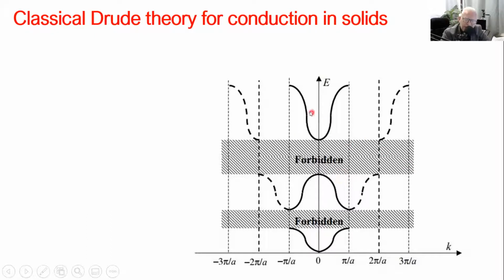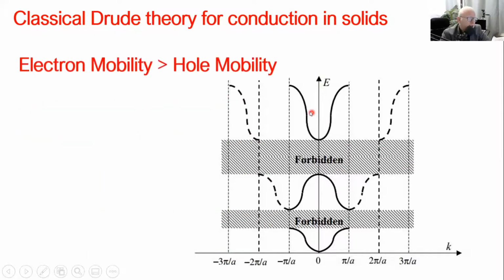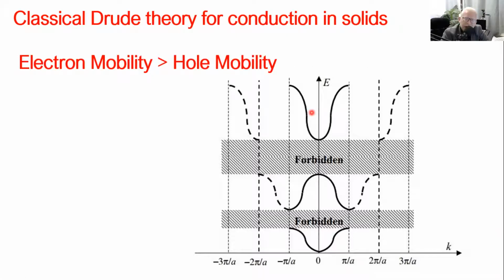Accordingly, from this graph, you can conclude that the electron mobility, because the mobility is inversely proportional to the mass, is higher. If you remember, whenever you are fatter, your mobility is lower. This is logical. So the electron mobility in silicon, for example, is higher than the hole mobility.